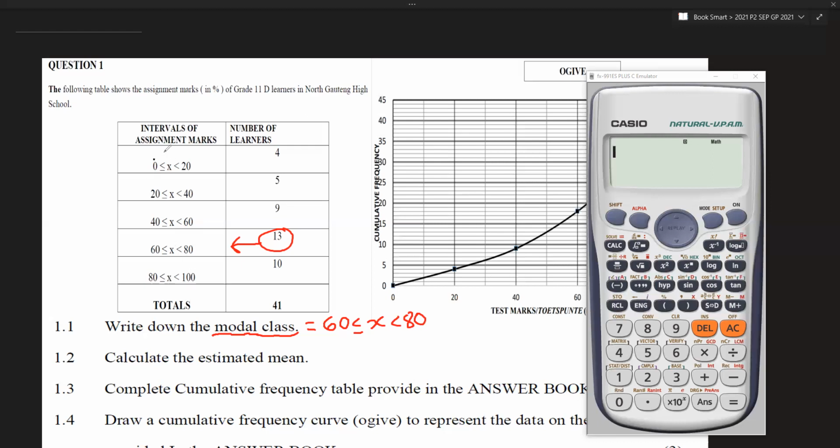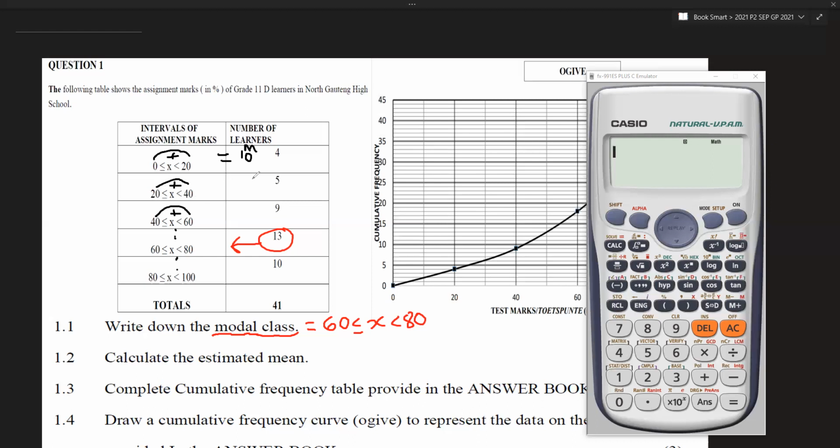You take these two numbers, you add them, you divide by 2, and so on. So 0 plus 20 divided by 2 will give us 10, and this will be the midpoints. Now I'll just say M there.